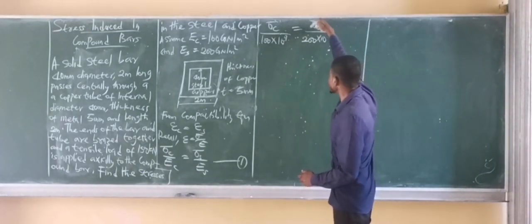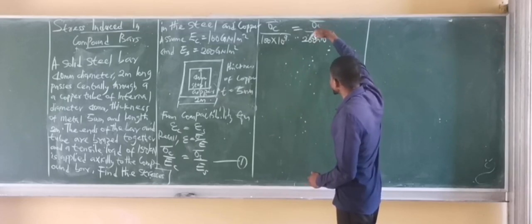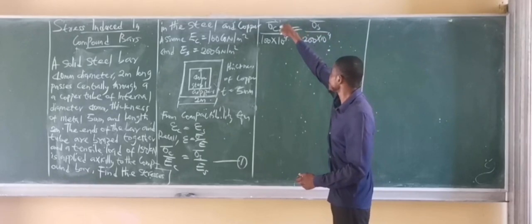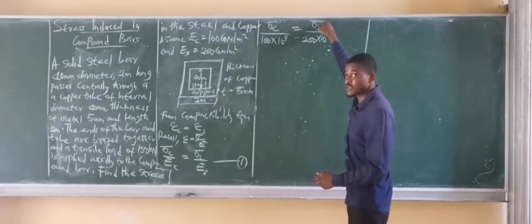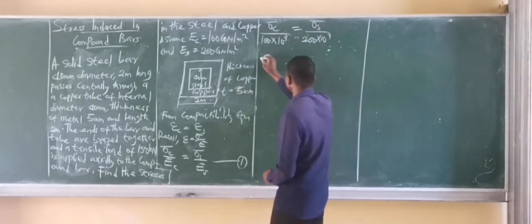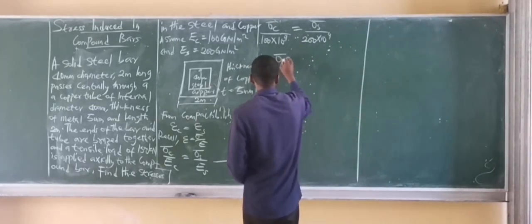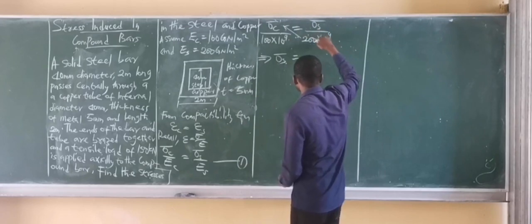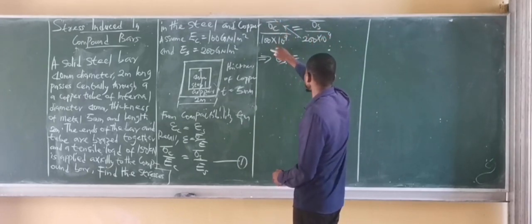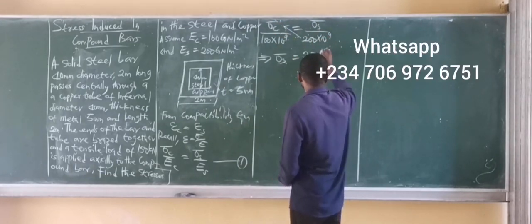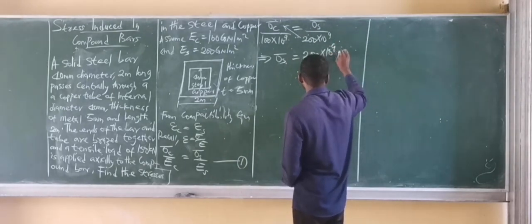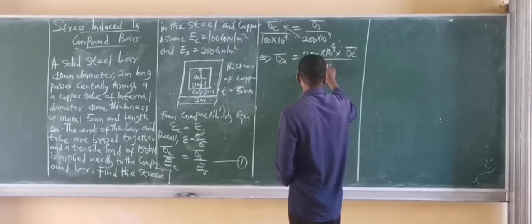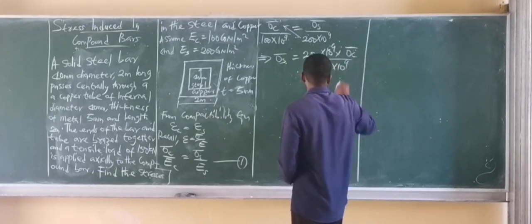So the stress of steel, sigma s, upon cross multiplication, is 200 by 10 raised to the power 9 times stress of copper all over 100 by 10 raised to the power 9.